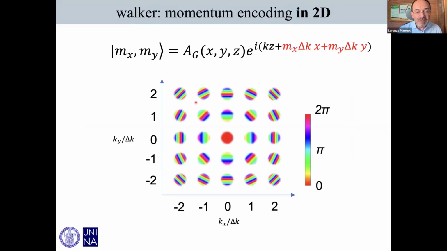So for example, this is a square lattice in 2 dimensions of these modes, in which besides the average k position, I am representing also the phase gradient that is acquired by each mode due to these 2 terms here, using a color code for phase.